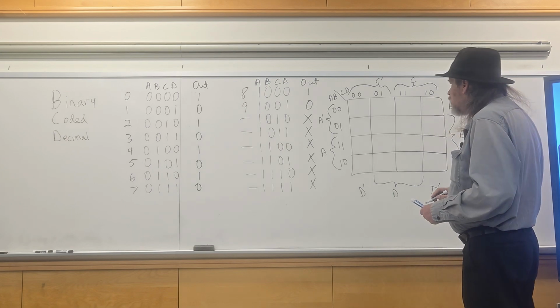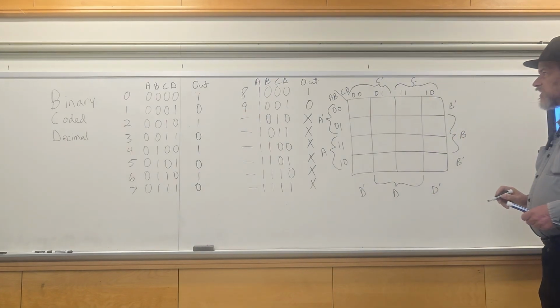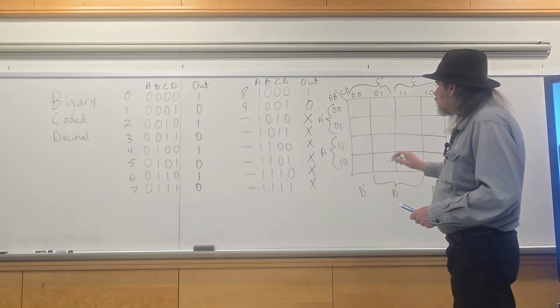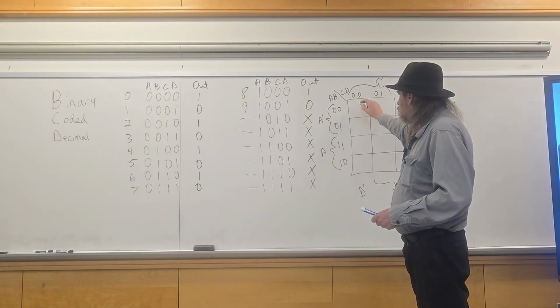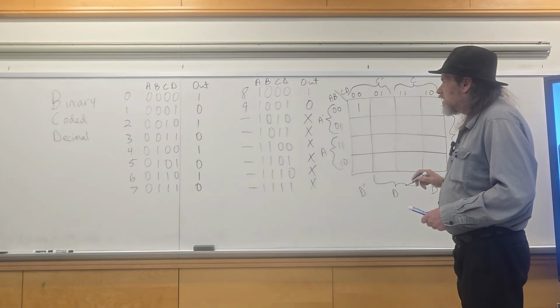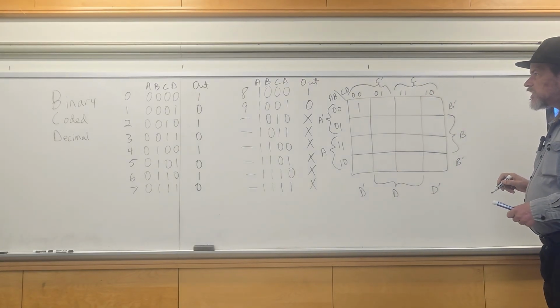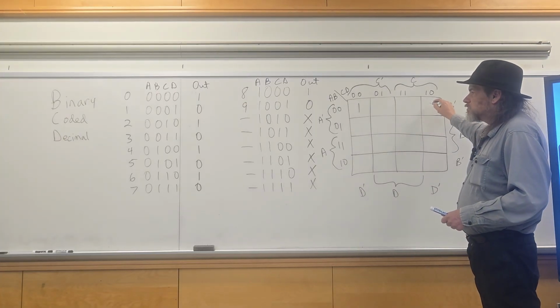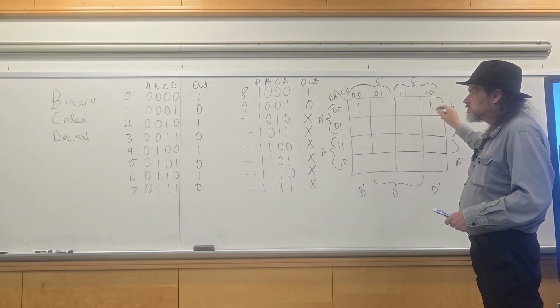All right, let's get some help from the audience. Where's the first one go? Here? Okay. The next one? 0, 0, 1, 1, 0.